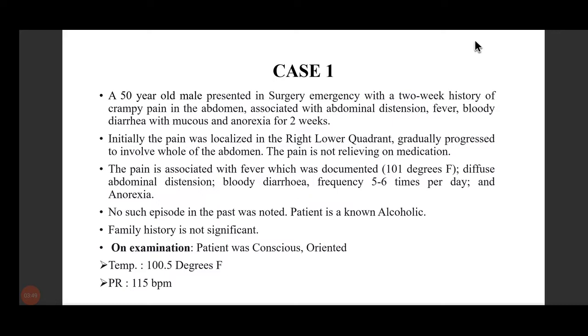Then pain. Then what are the signs you see in appendicitis? Signs, on examination, what are the findings you will see? McBurney sign, yes.